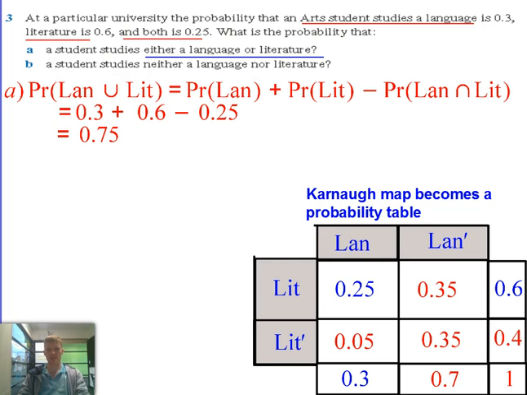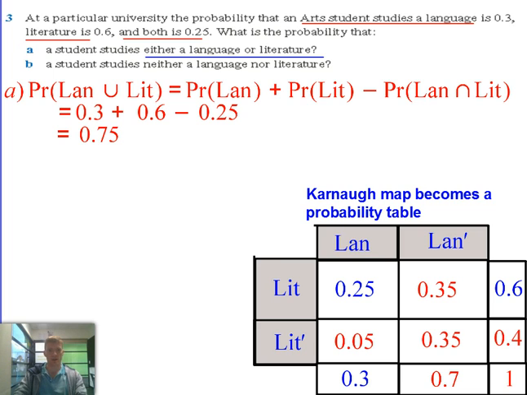Okay, so now let's think about part B. So let's say a student studies neither a language nor literature. How do we interpret that? Neither a language nor literature. Well, it's like a double negative, isn't it? So it's like not a language, not literature. And that is happening together.